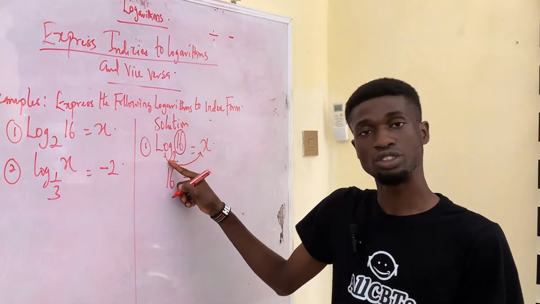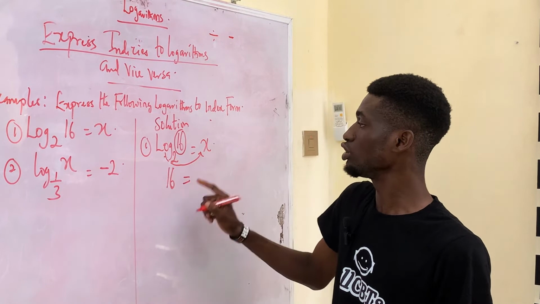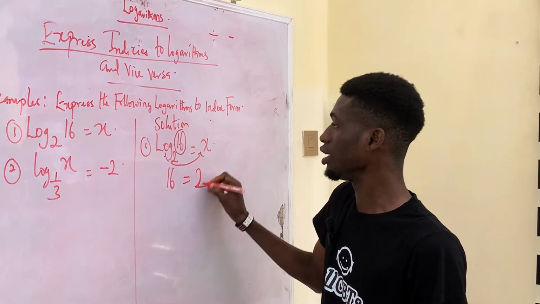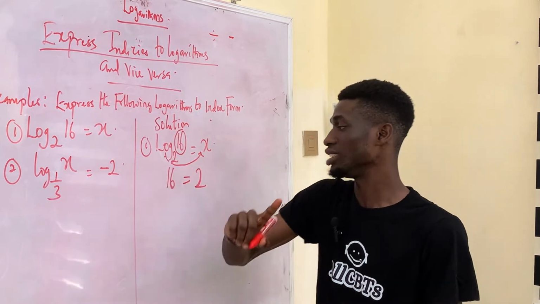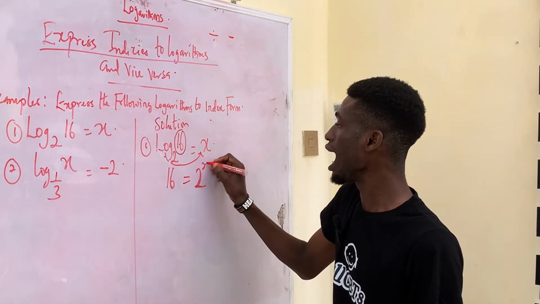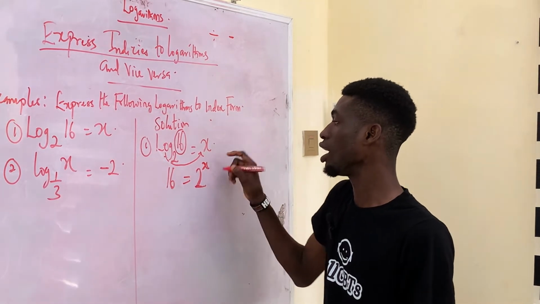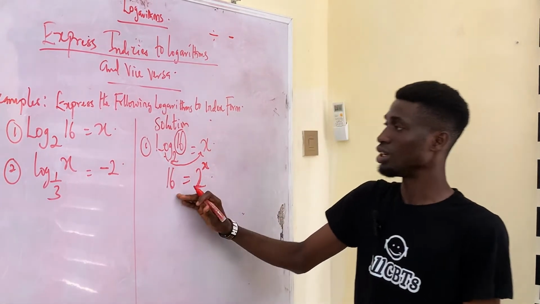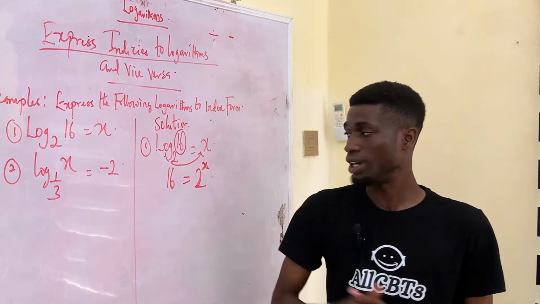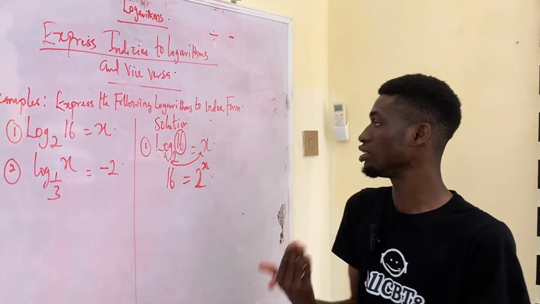Now, if it is moving to the other side, it's just going to become 2. That's the base. Now the log has been eliminated. So it will become a base which is going to have x as its power or index. So you have changed from logarithm to what? Index form, and from here you can solve for x.